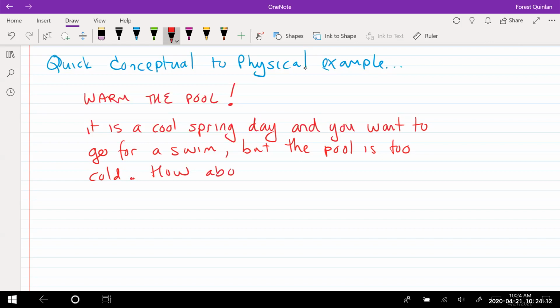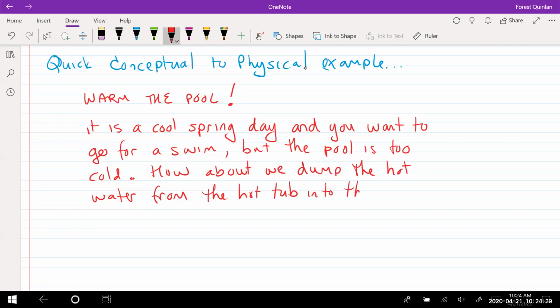How about we dump the hot water from the hot tub into the pool to warm it up. Well, how big's the hot tub and how big's the pool?